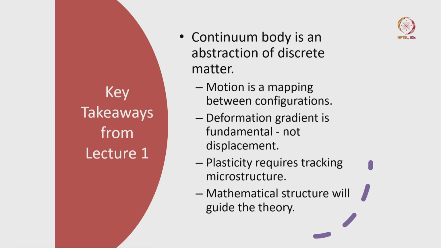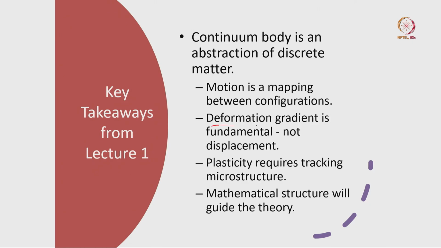So, the key takeaways from this lecture are as follows. First, we have seen that the continuum body is an abstraction of discrete matter. It is an abstraction, but a very useful one, because the computing power to solve for the entire discrete matter is not available to us. Motion is a smooth mapping between configurations or placements, which have a coordinate based description of the points.